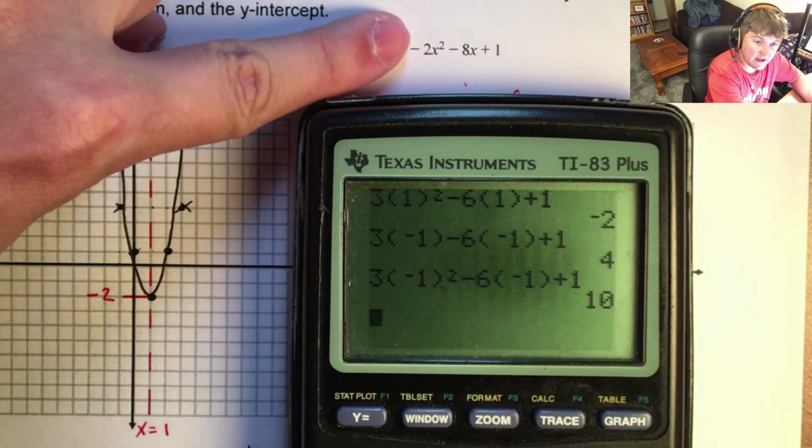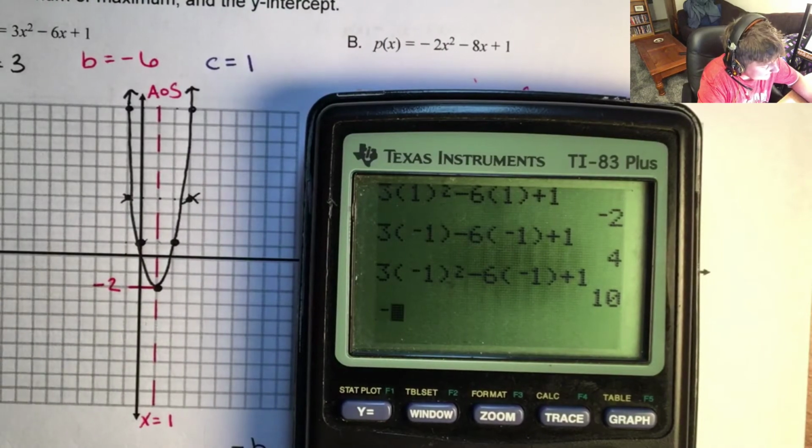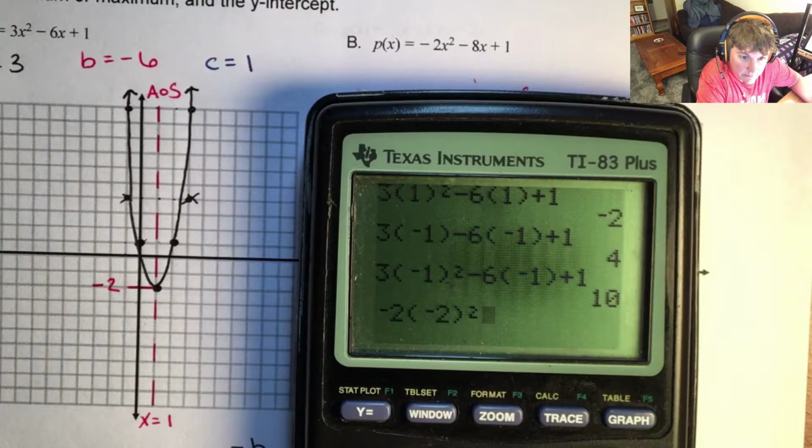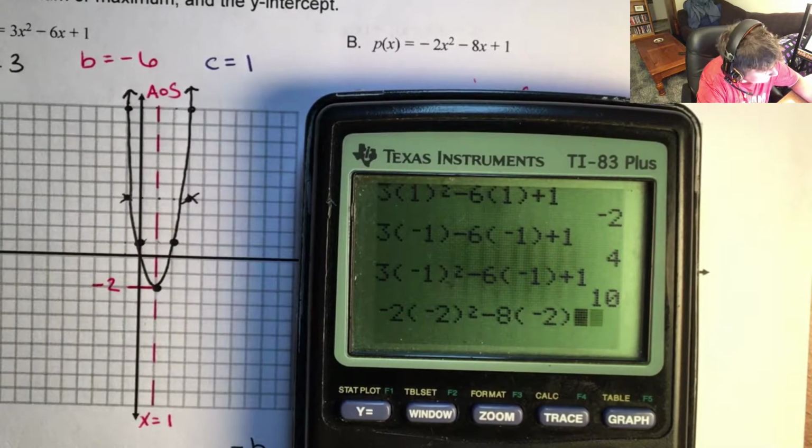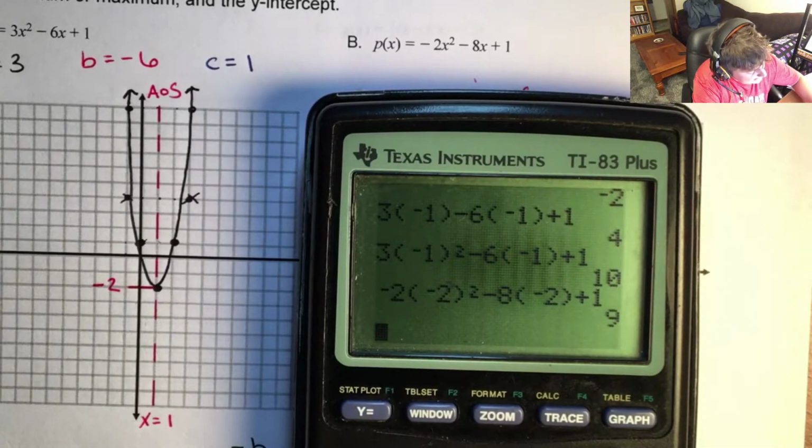So I'm just going to follow this equation up here. -2 times, well, x is -2, squared, minus 8 times -2, plus 1. So that is 9.